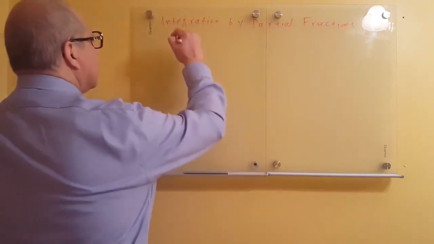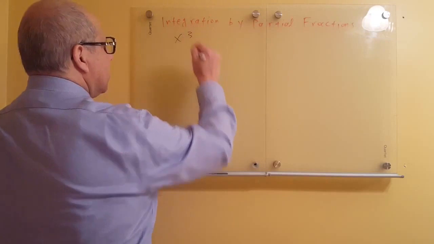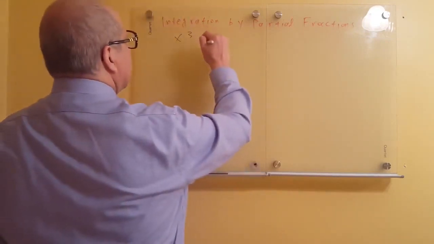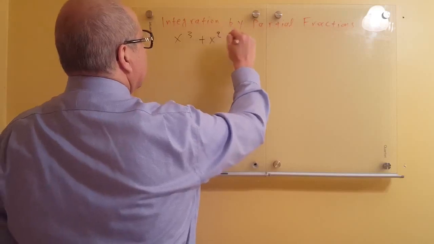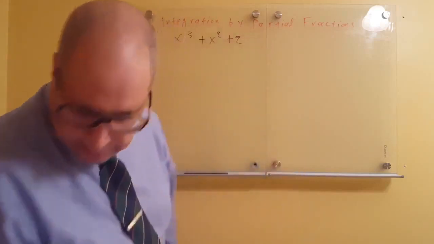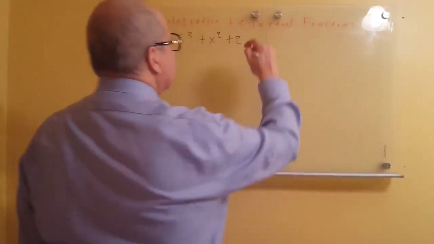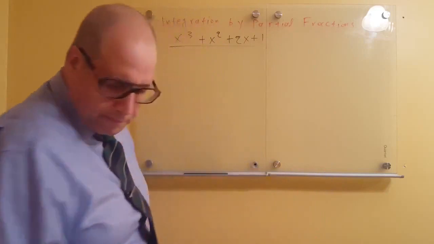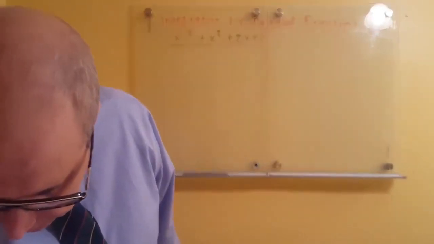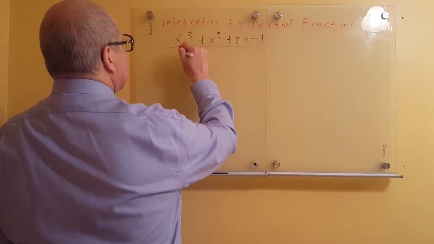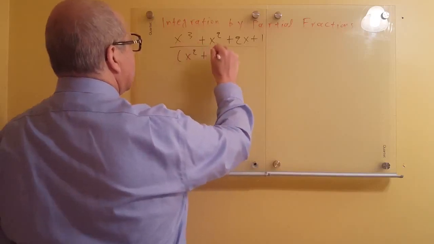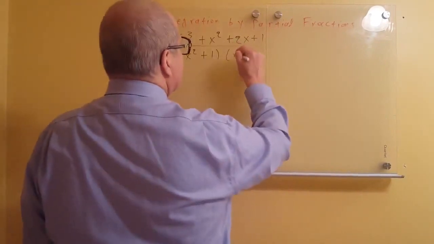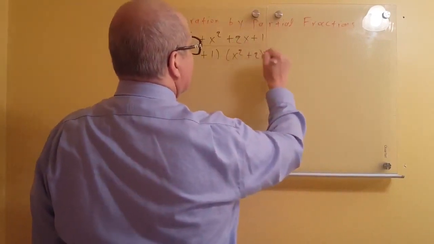So we have the integral of (x to the third plus x squared plus 2x plus 1) over (x squared plus 1) times (x squared plus 2) dx.